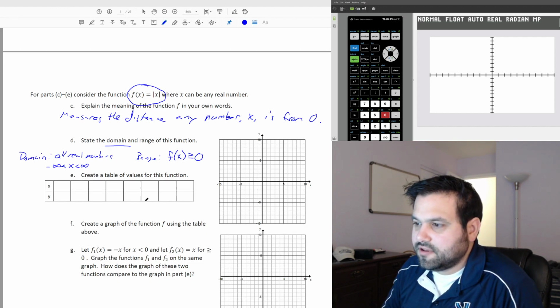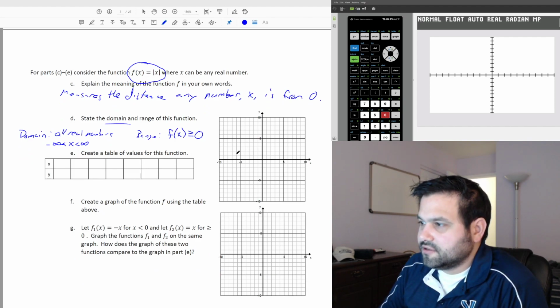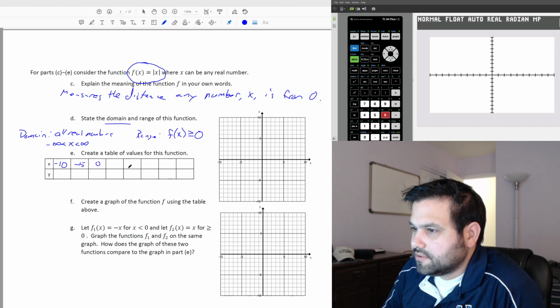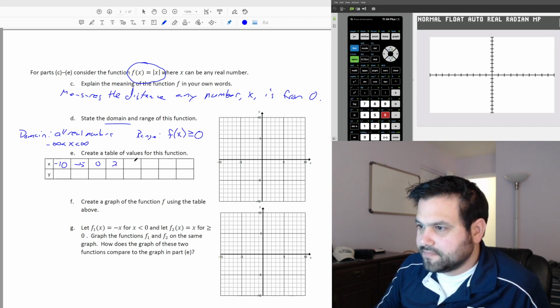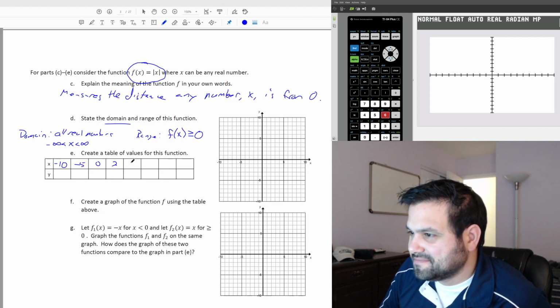So let's create a table of values for this function. I'm going to start in some negative values. It looks like we're going to be graphing over here, so let's do like negative 10, negative 5, and 0. Let's throw a 2 in there. 3, 5, 7, 10.